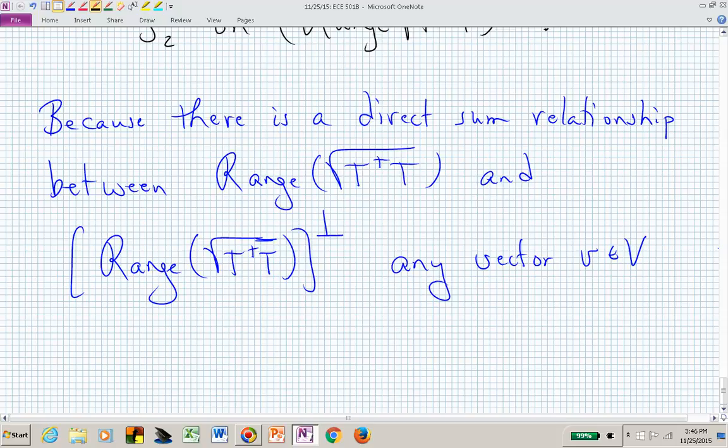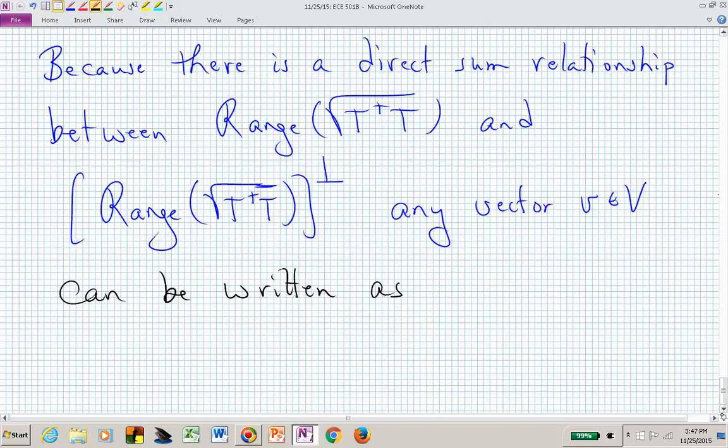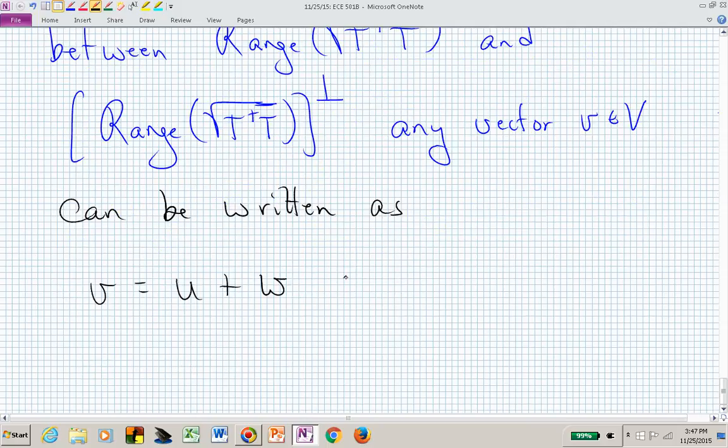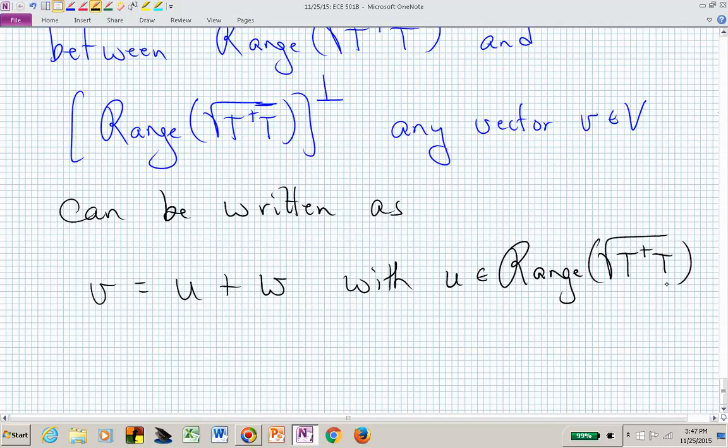So any vector v can be written as v equals u plus w, with u living in the range of the positive square root of T dagger T, and w in the orthogonal complement to that.